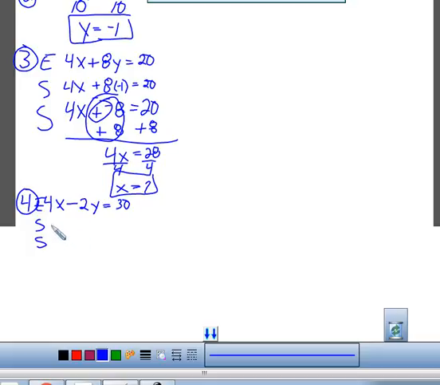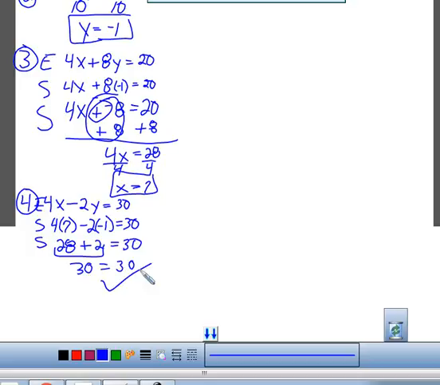So I substitute 7 in for x, negative 1 in for y. 4 times 7 is 28. Negative 2 times negative 1 is positive 2. 28 plus 2 is 30. So 30 equals 30, and it checks.